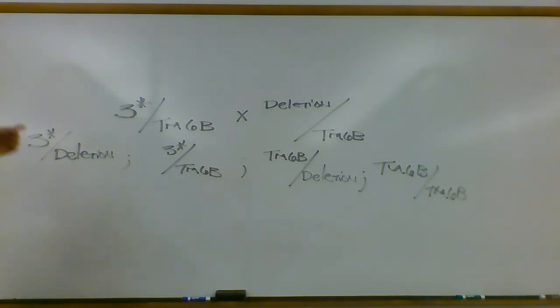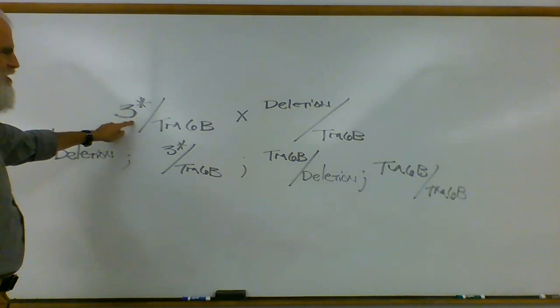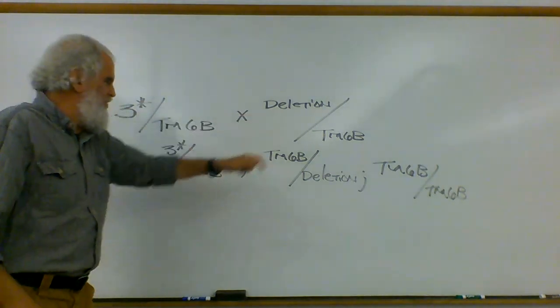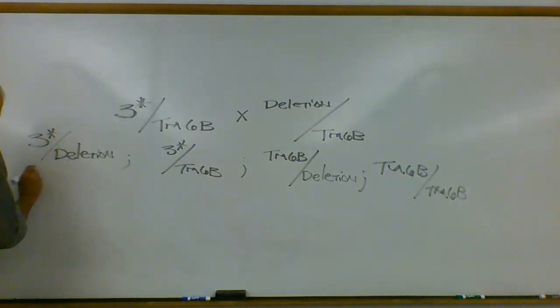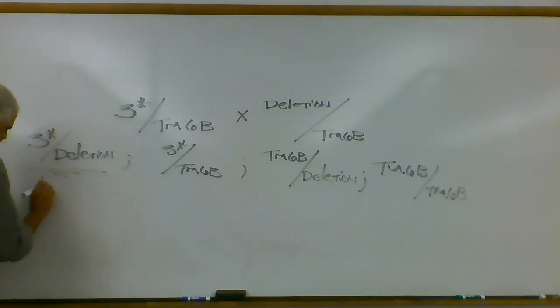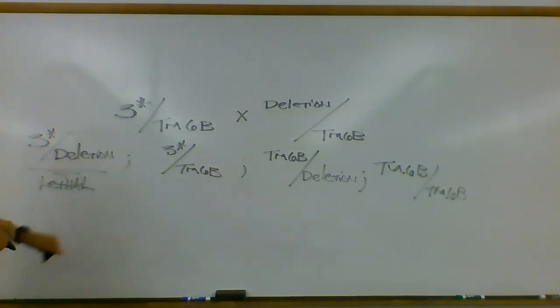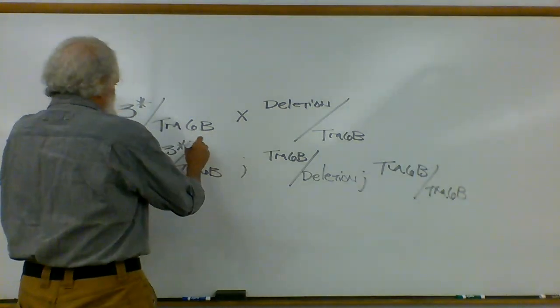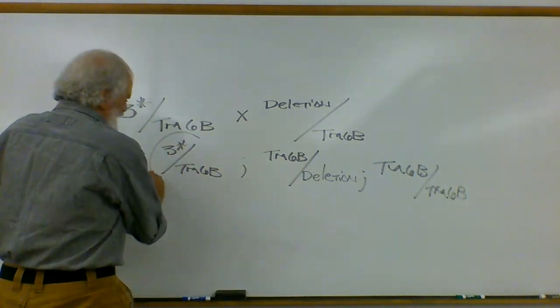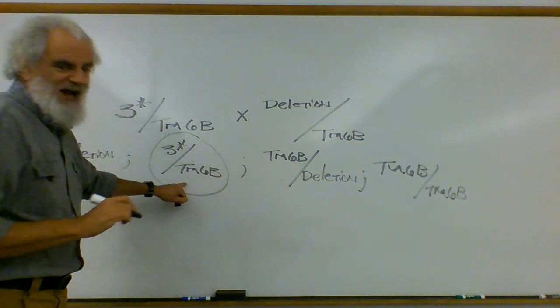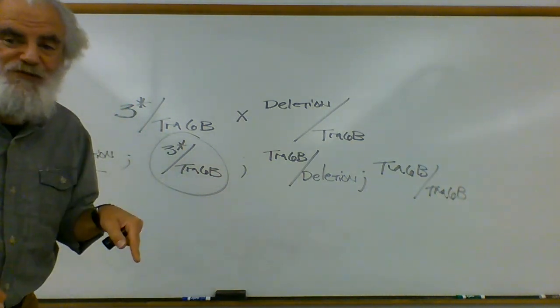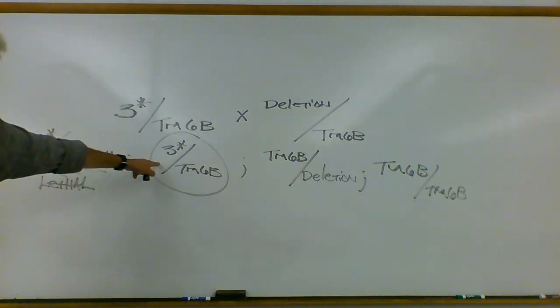If we have generated a lethal mutation that is uncovered by the deletion, this guy is going to be lethal. This guy is going to actually be our recovered stock. So if we do have a lethal mutation, we can actually grow it up from these guys.